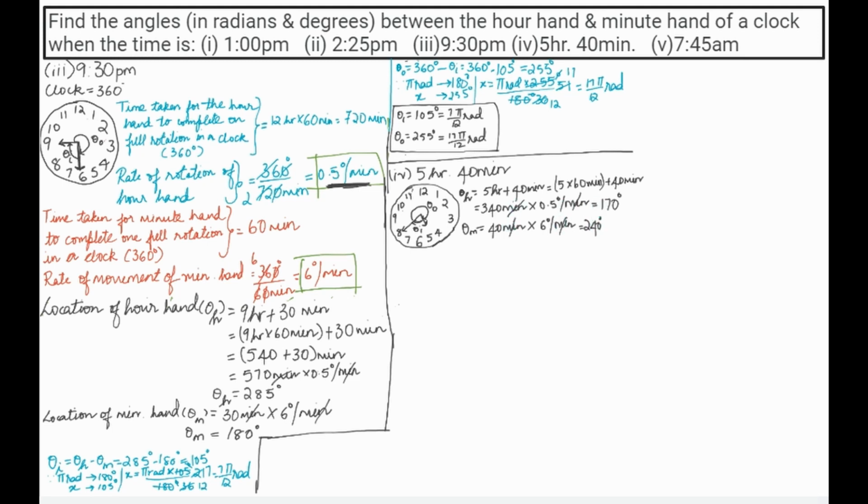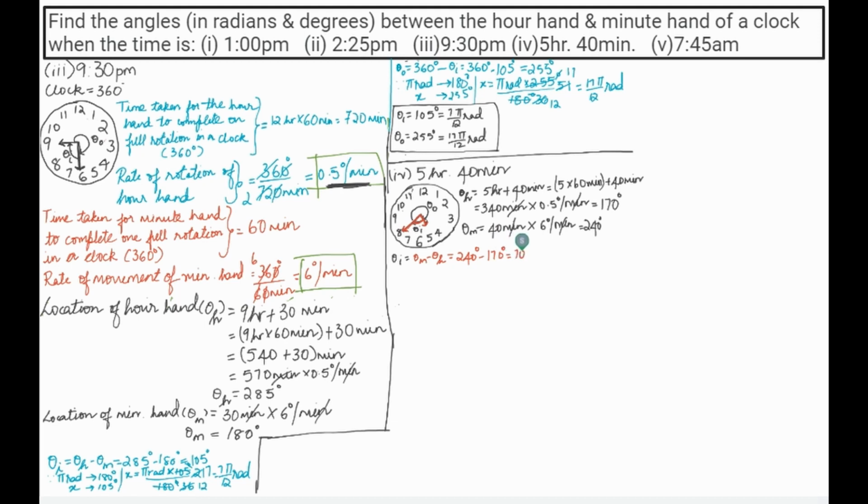Therefore, our inner angle, that is theta I: the minute hand has moved farther than the hour hand. Therefore, we have to minus the position of the hour hand from the minute hand to find the inner angle. Therefore, theta M minus theta H gives us the angle between the hour hand and minute hand, which is equal to 240 degrees minus 170 degrees.